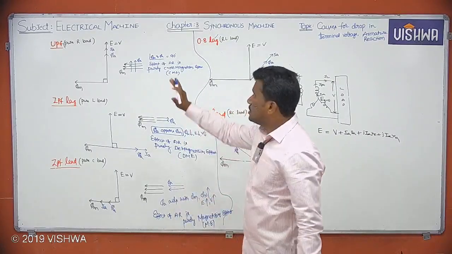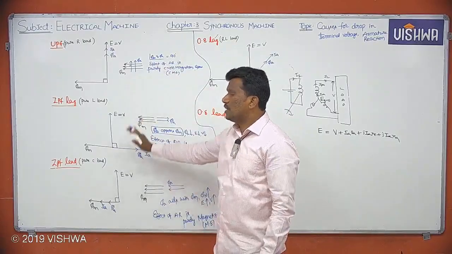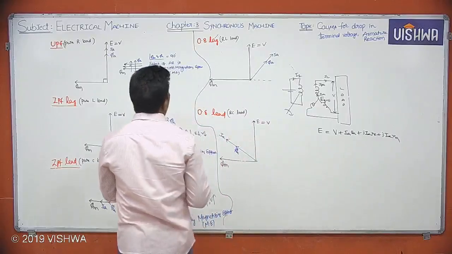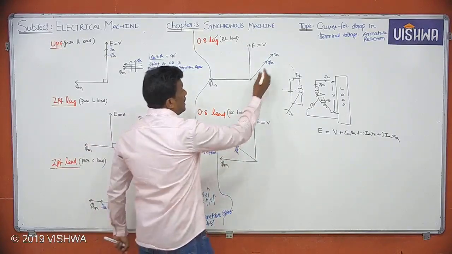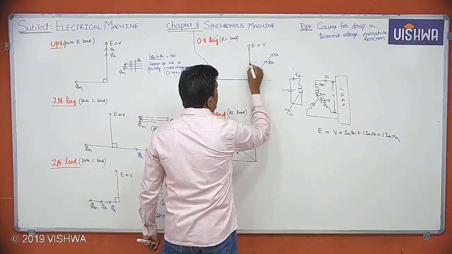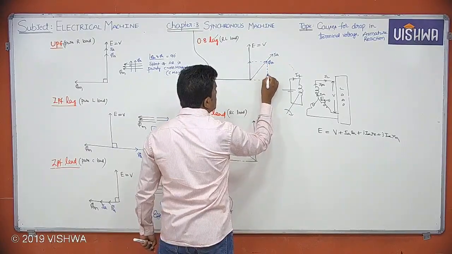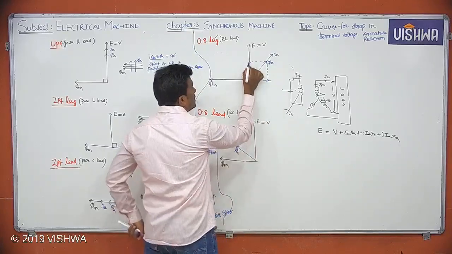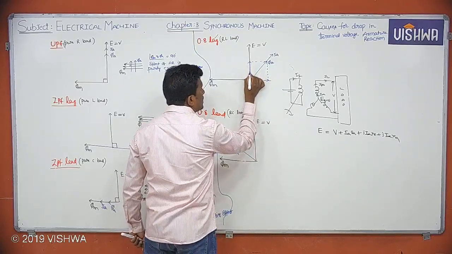This is the case for UPF load, ZPF lag, ZPF lead. Now let me take 0.8 lag load. See, phi A is here. Now it is having two components, one along the y-axis, one along the x-axis. Tell me, this component of armature flux can be called as what?